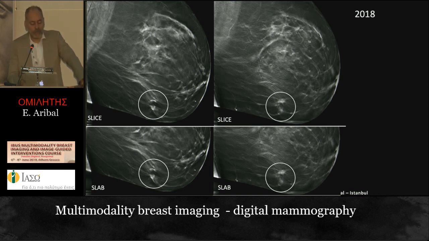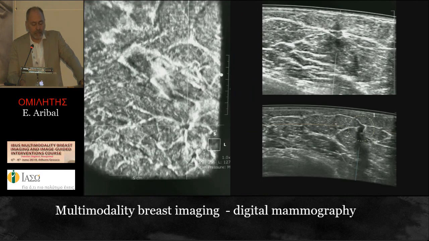And in 2018, we had the automated breast ultrasound, and we have seen both lesions on both coronals. And you see on coronals, they look like black holes with retractions or spiculated margins.